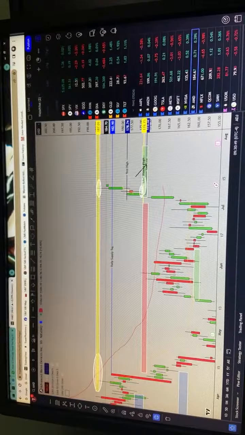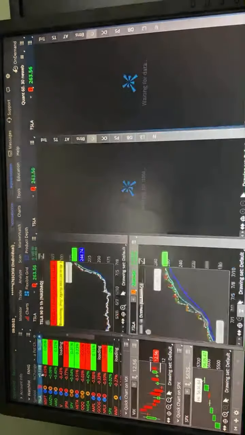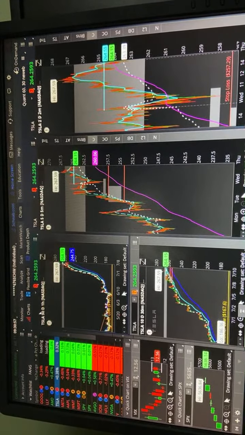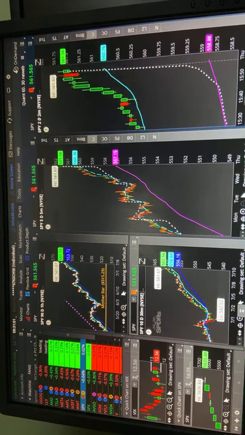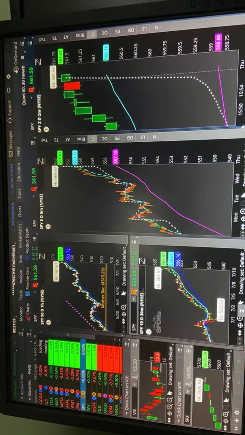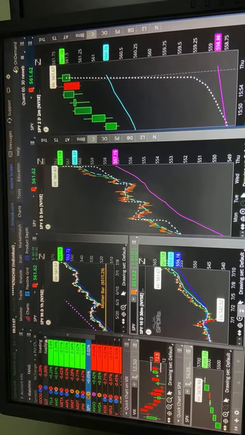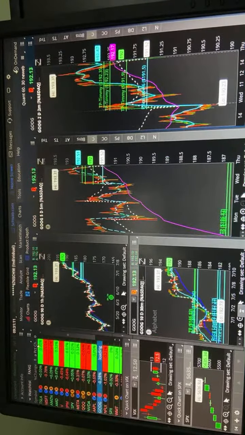All right, as always, be patient. Let me just check SPY real quick. All right, ended up being no gap at all, really. All right, this is still loading here.